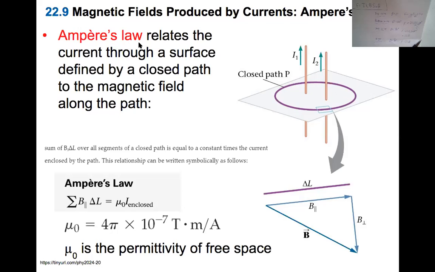That gives you a formula for how to determine the magnetic field. This is very similar to Gauss's law we talked about for the electric field. When we say we can use Gauss's law to determine the electric field, this is a similar law on how to determine a magnetic field.